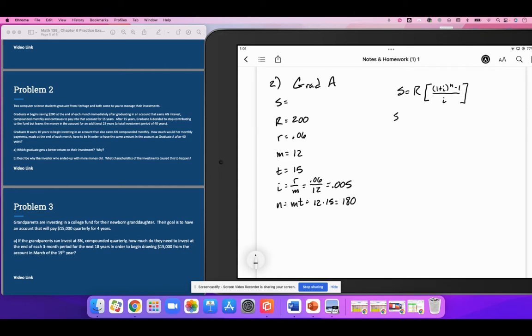So let's go ahead and swing that into our formula here. This is future value of an annuity because we have a fund that is growing, hopefully. And the I is 0.005. N is 180.